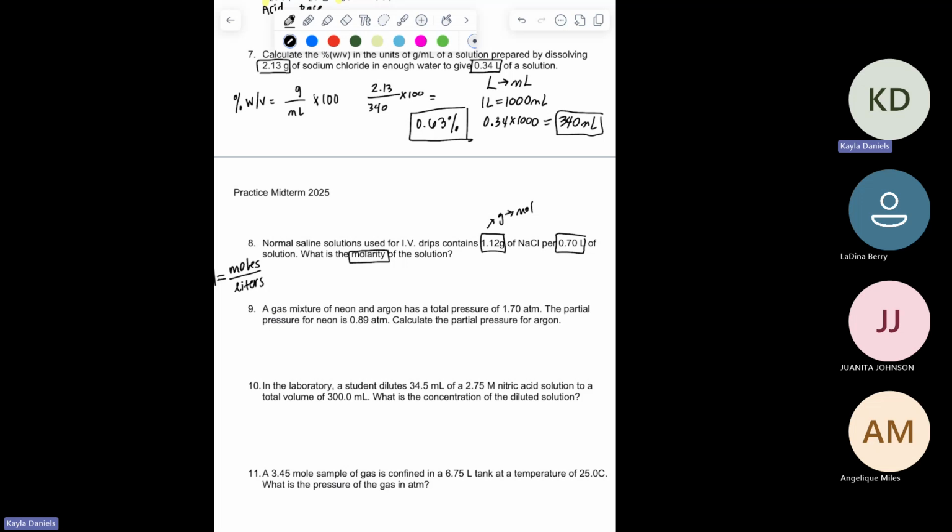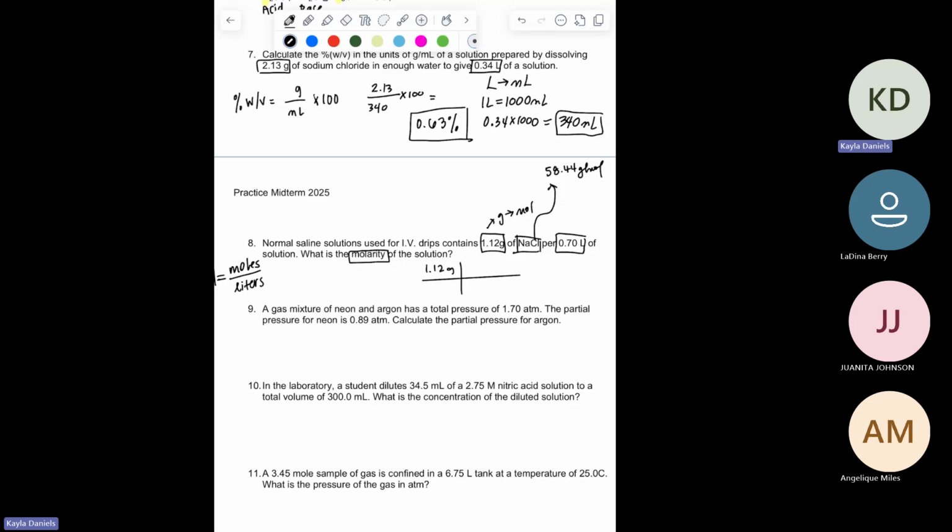In order to go from grams to moles, or vice versa, we need the molar mass. I've already got this one pre-solved for us. The molar mass of NaCl is 58.44 grams per mole. So I'm going to set this up: 1.12 grams.